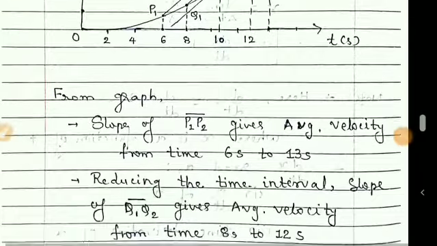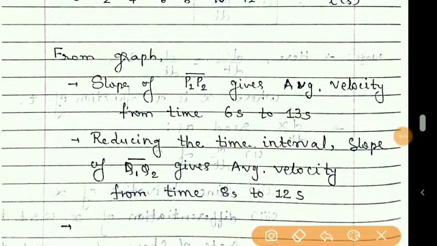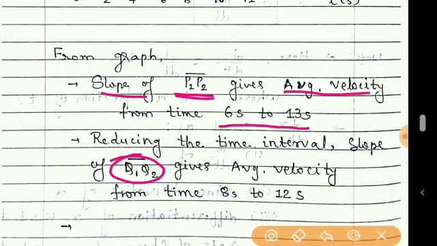So now from this graph, the slope of P1 P2 gives us average velocity. It is because the time interval is from 6th second to 13th second. Then we reduced the time interval and we got the line segment Q1 Q2 for 8th second to 12th second. You can see that this difference is more and this difference is less.